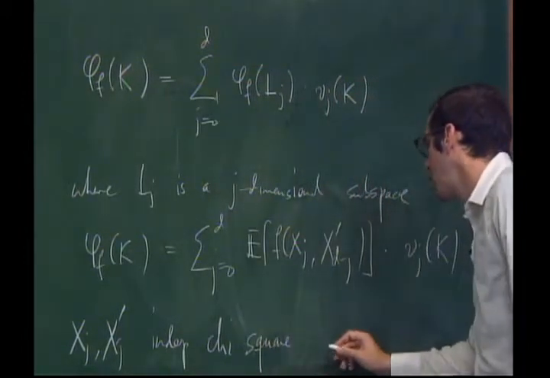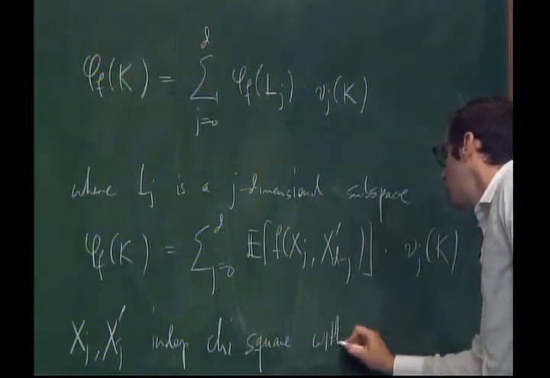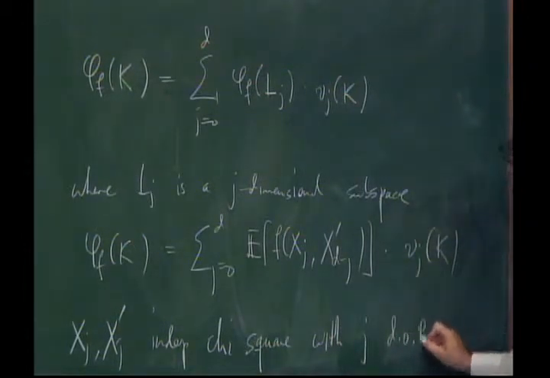So these are independent chi-square variables.